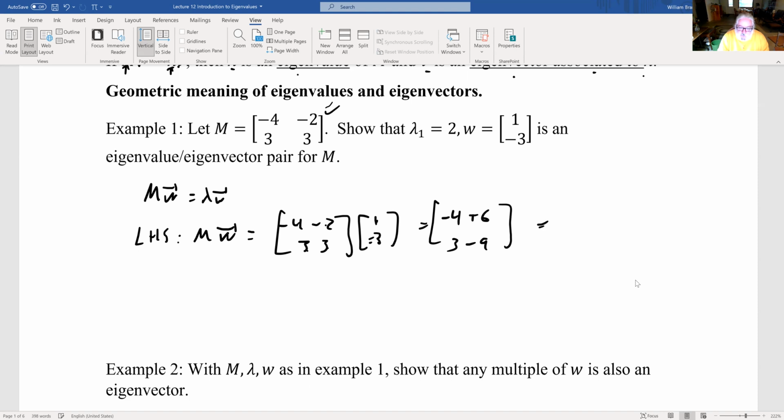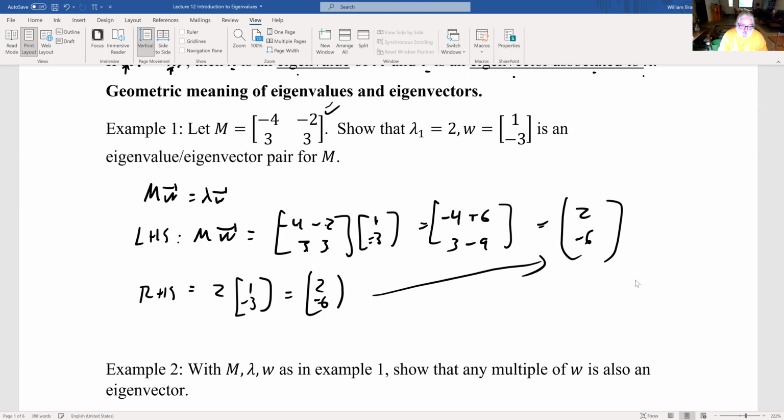And that's 6 minus 4 is 2, -9 plus 3 is -6. The right-hand side should be 2 times W, which is [2; -6]. And they're equal to each other.